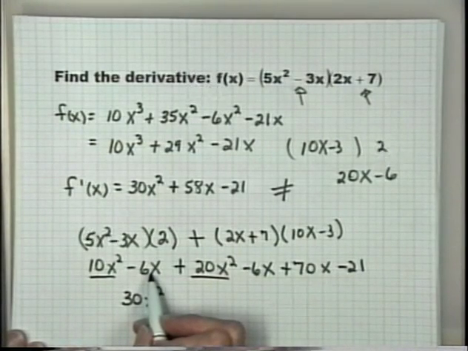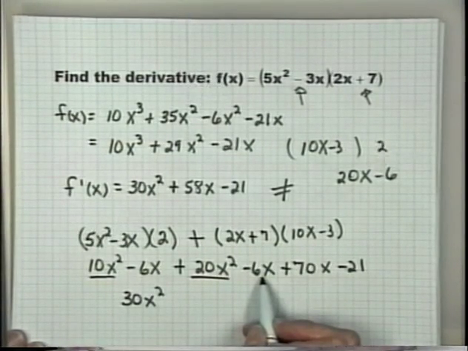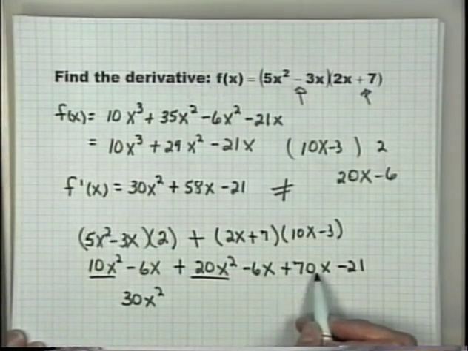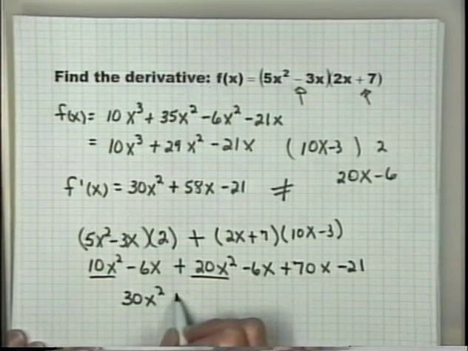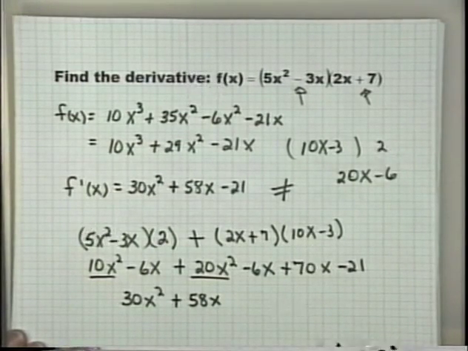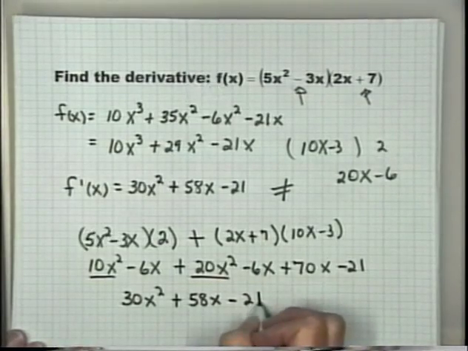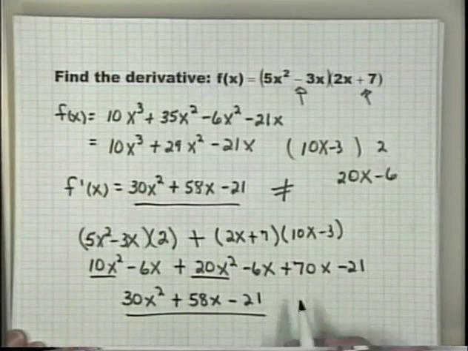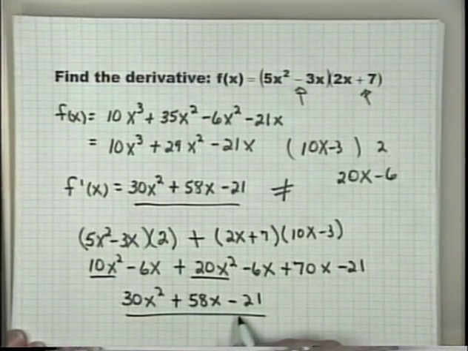I have a minus 6x. Another minus 6x would be a negative 12x. Negative 12 plus 70 gives me a positive 58x. And then finally the minus 21. And you can see that these two answers are the same, and this is the correct answer.